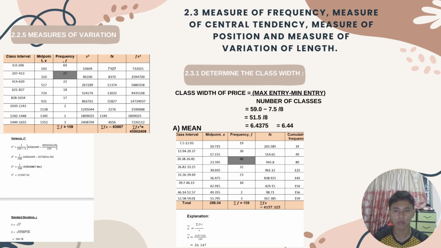After that, 2.3.1, determine the class width of the length: maximum entry minus minimum entry, divided by the number of classes, where the number is 8. 59.0 minus 7.5 divided by 8, we get the final answer 6.4375, and we round to 6.44.